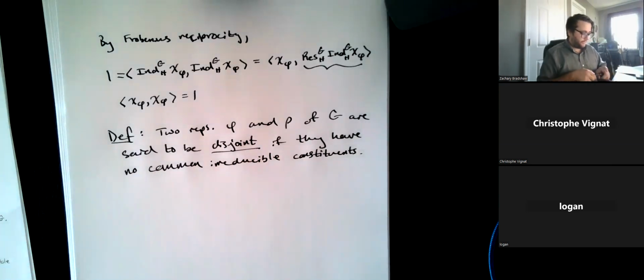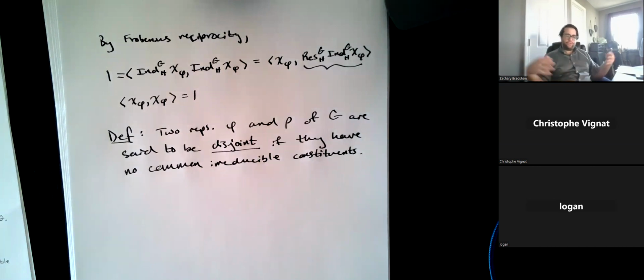So if I have two representations of finite groups, then we have Maschke's theorem, which tells us that these representations are completely reducible, and so they can be broken down into irreducible representations. And if there's no crossover between the irreducible representations in the two sums, then they're called disjoint.